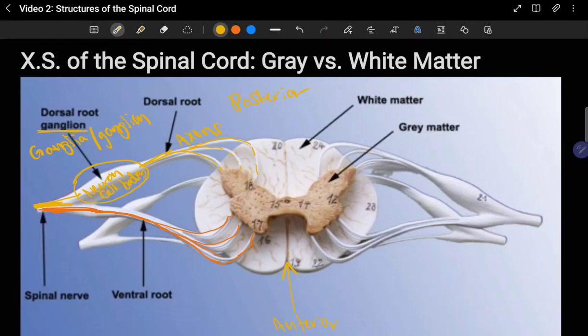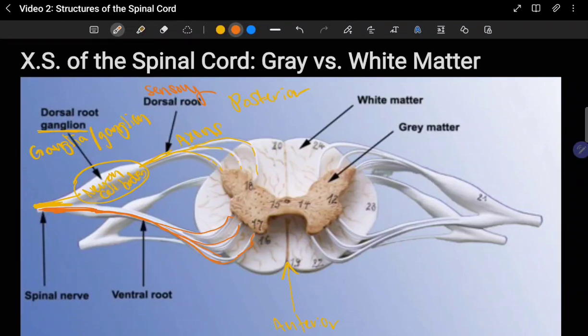So when you think about it, our spinal nerves are sending out information and they're also receiving information from the brain. So we need two pathways. We need a dorsal pathway and a ventral pathway. And let's explain what information is coming from both of these. So our dorsal roots are going to have sensory information.